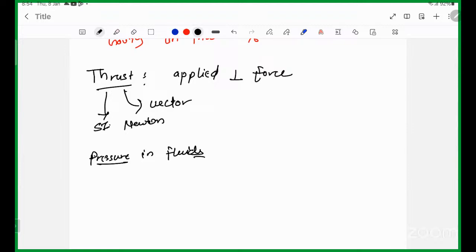The upward force given by the liquid to the object is called buoyant force.